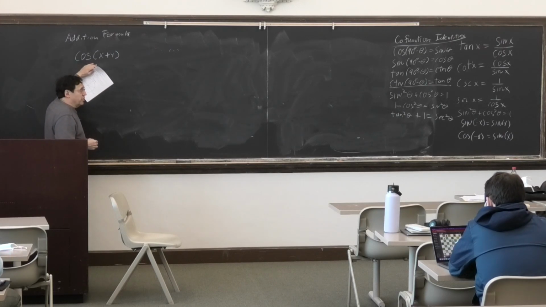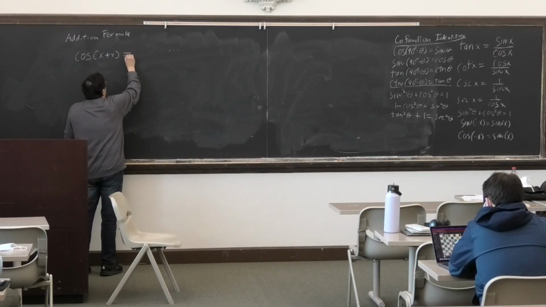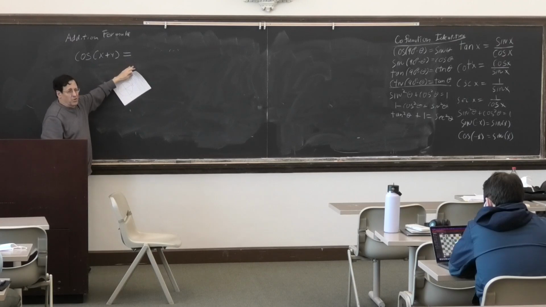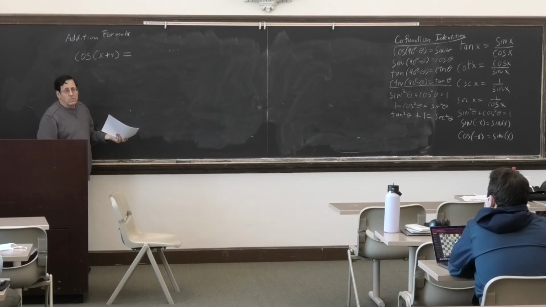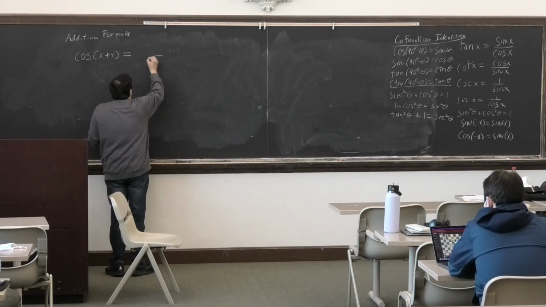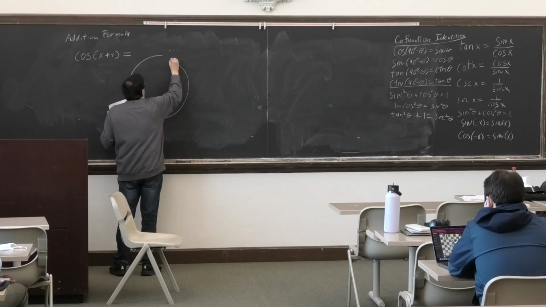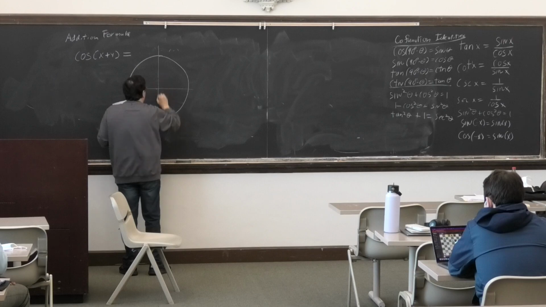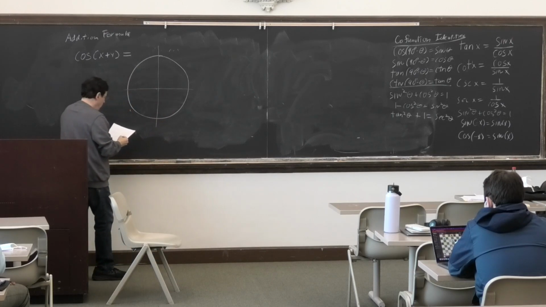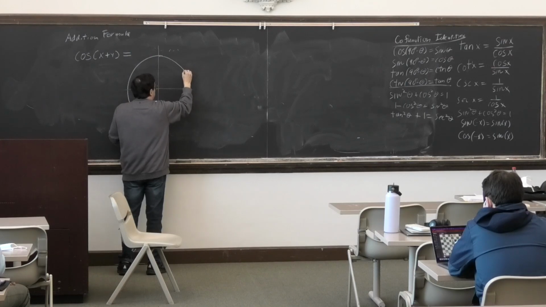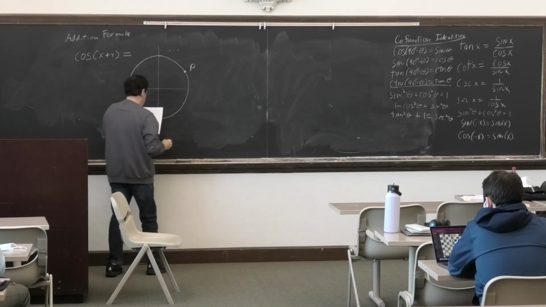What we want is a description of cosine of x plus y in terms of some trig functions in x and or y. So the way we do this, we start with a unit circle. And we pick an arbitrary point in the first quadrant, which we're going to call P.